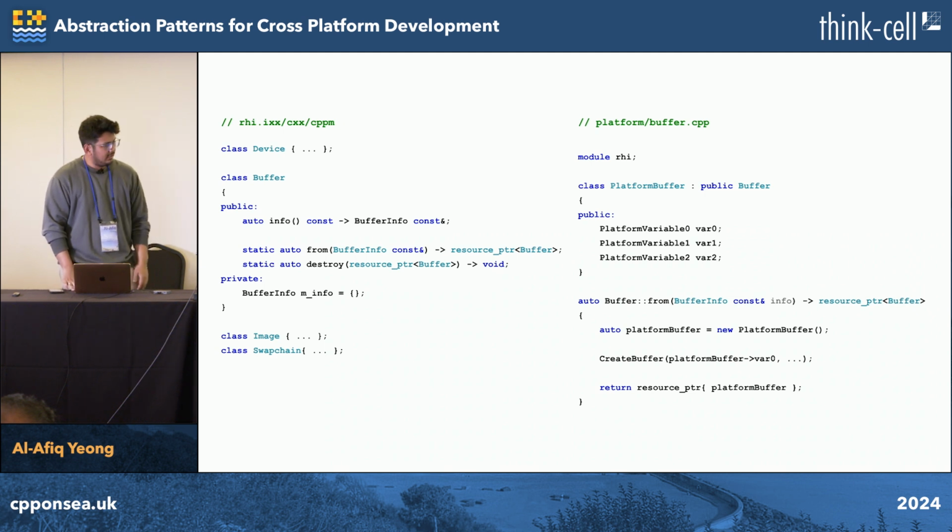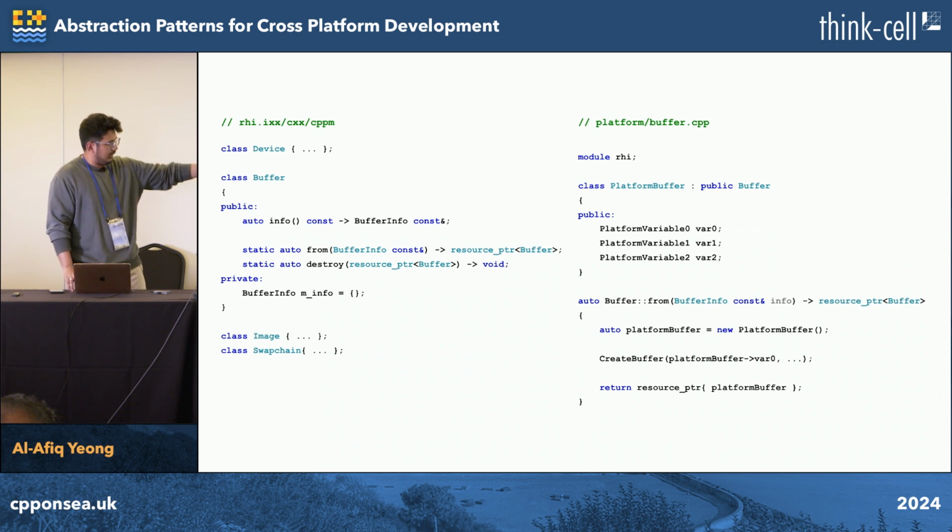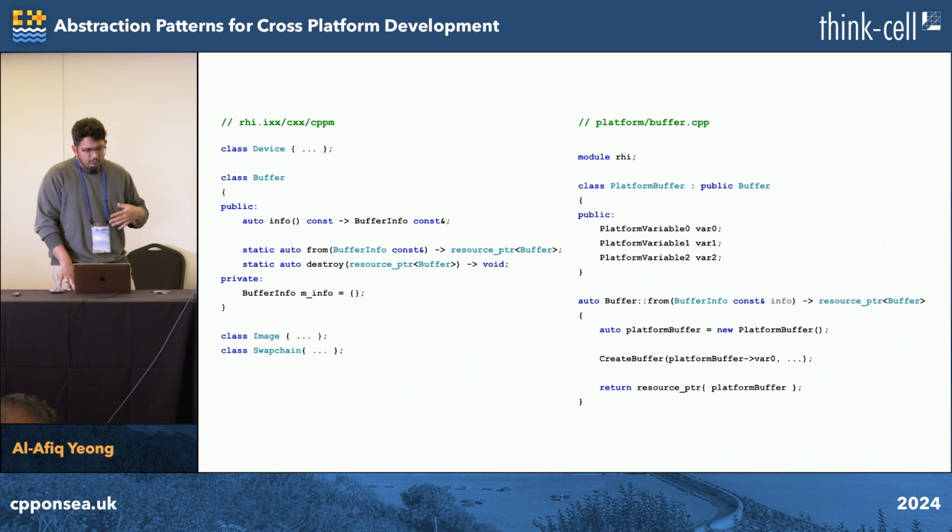And then in the static function from, which is used to create an instance of the object, we create an instance of the implementation. That basically gives us access to whatever variables it has, and then we return the implementation. And because of how inheritance works, it's going to be implicitly cast to the base class, which is the interface that we're exposing.